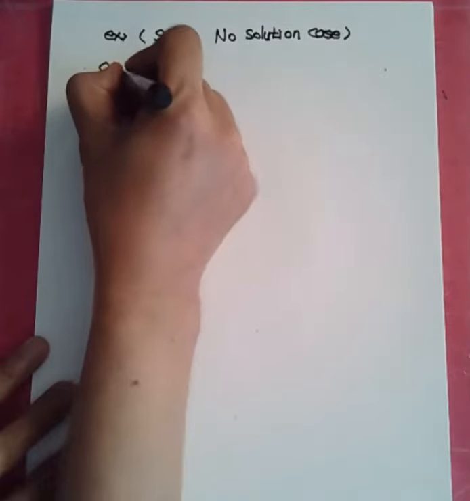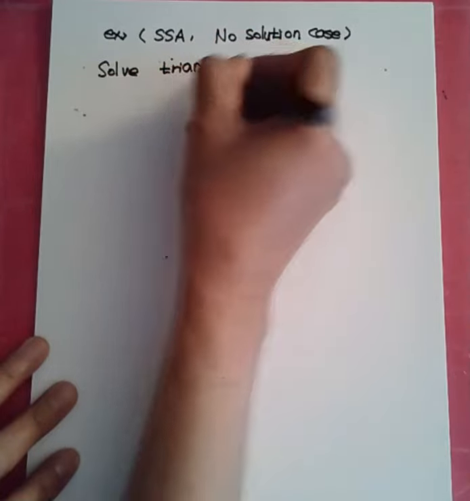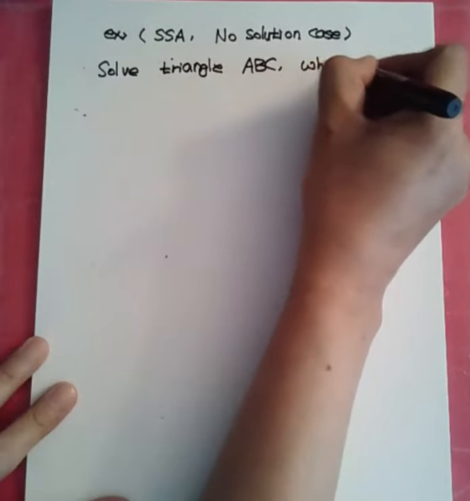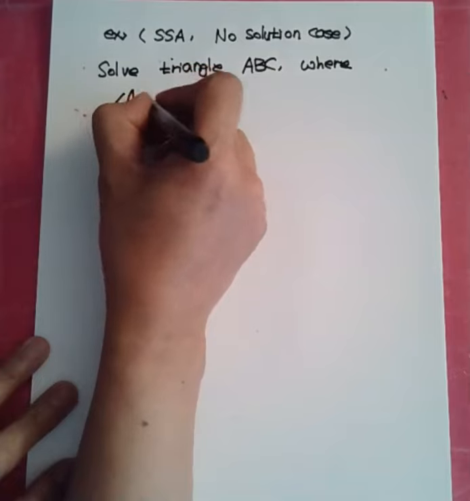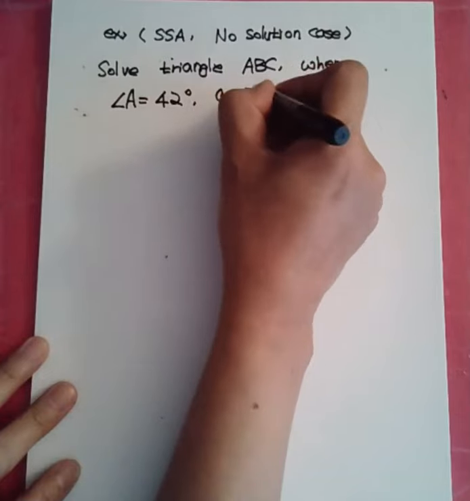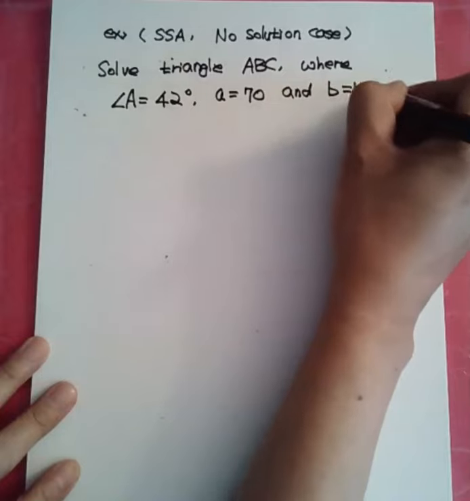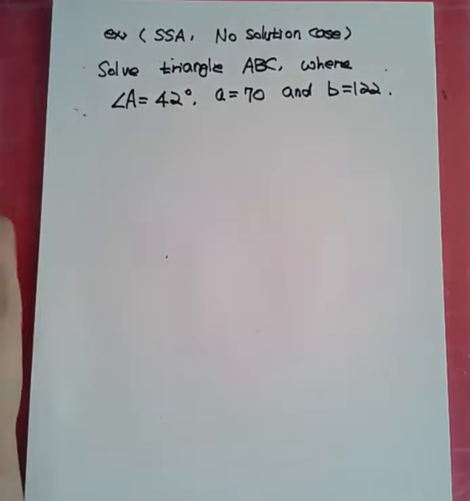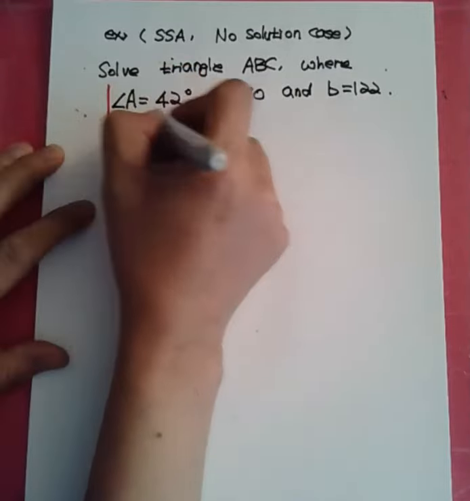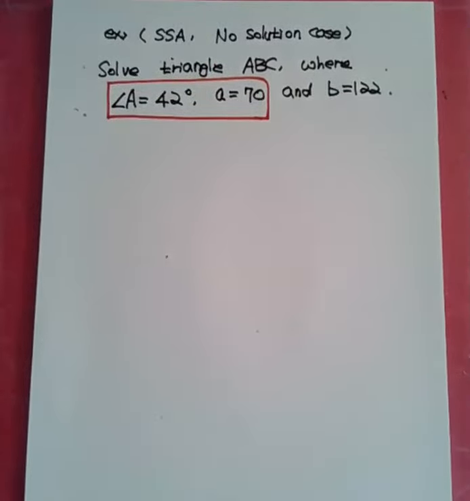We have a problem: solve triangle ABC where angle A equals 42 degree and the side length a is 70 and side length b equals 122. Now again, the first thing you have to observe is the pair of angle and side length is given, so we can apply the law of sines.